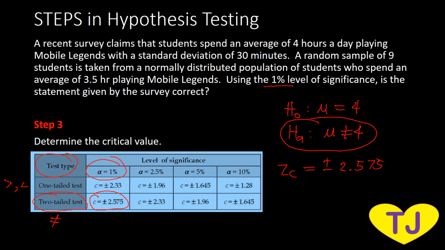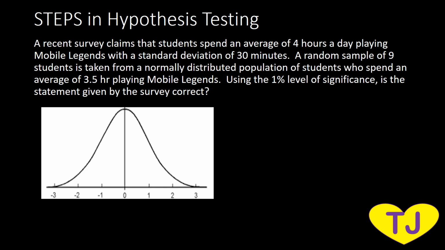One from the left side, one from the right side. The negative 2.575 will be on the left side. The positive 2.575 will be at the right side. Now, let's look at that on our normal distribution curve.